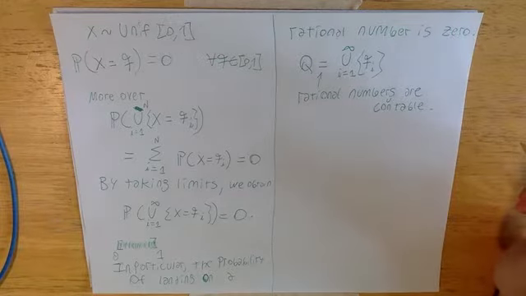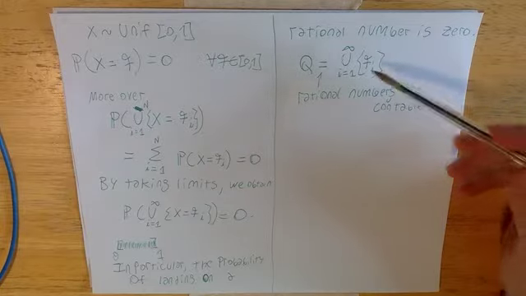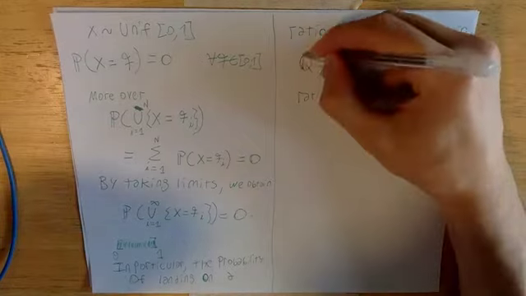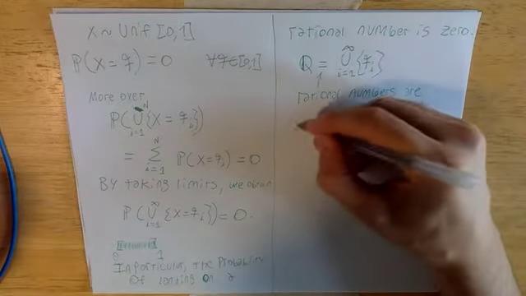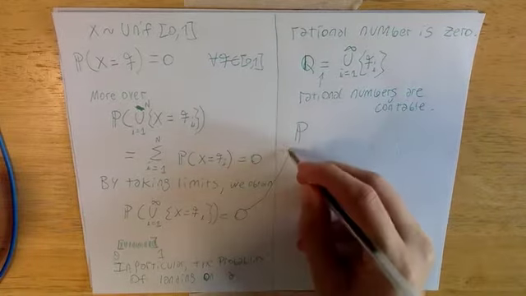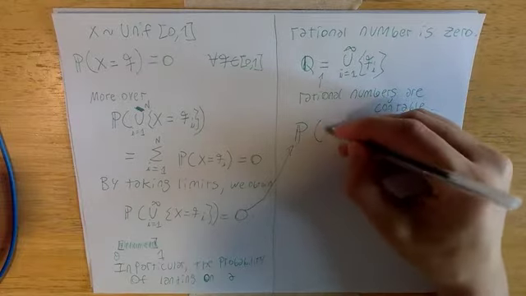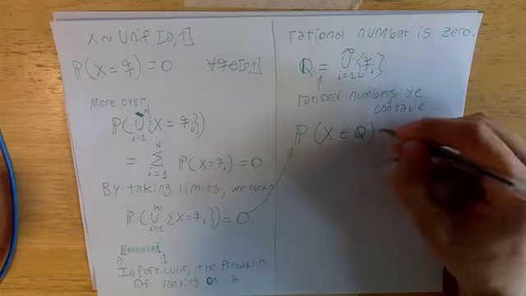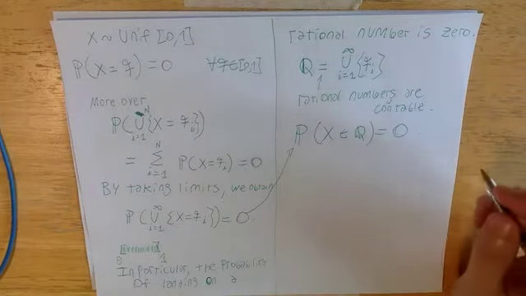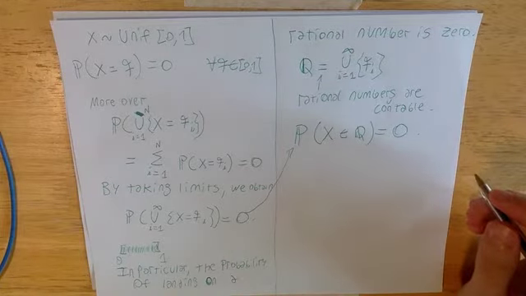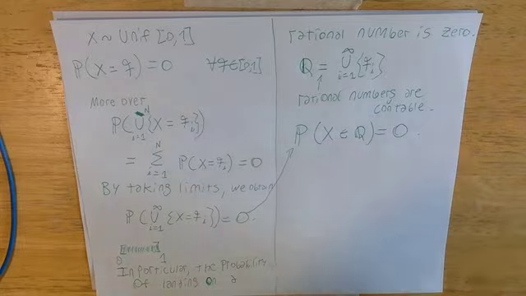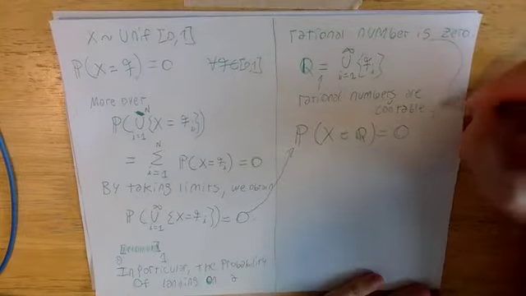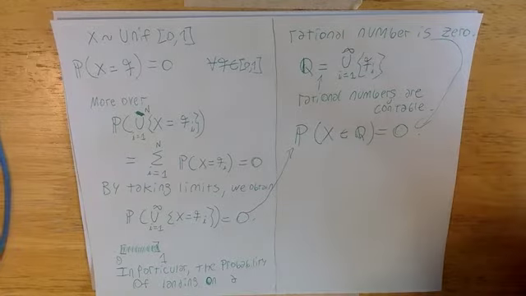So if I take a countable union of numbers, I can get the rational numbers, which implies that the probability that x is in Q is equal to 0. So the probability of landing on a rational number is 0.